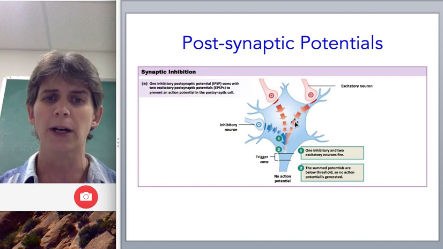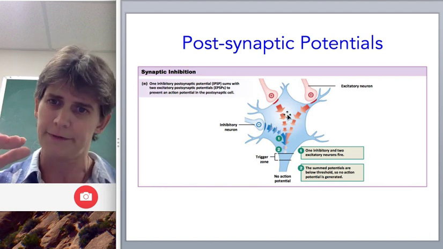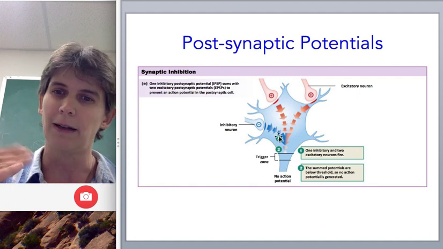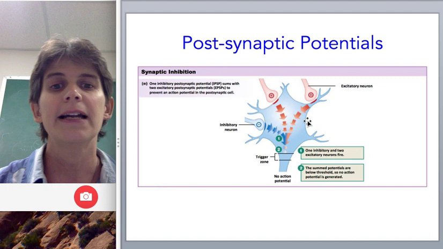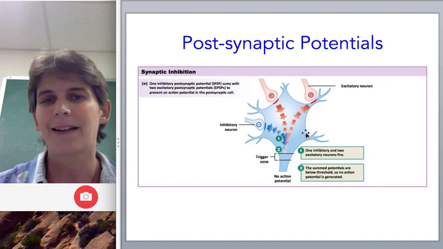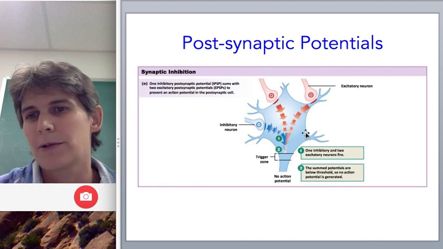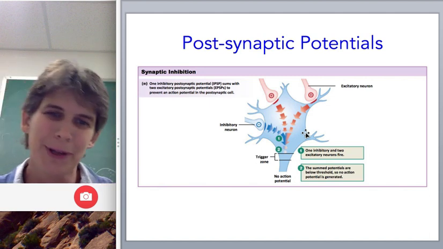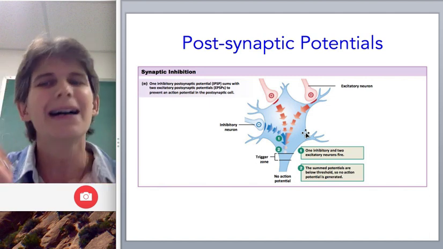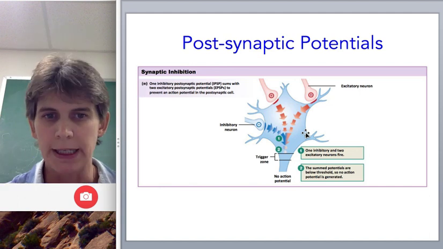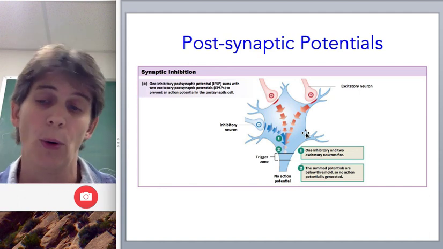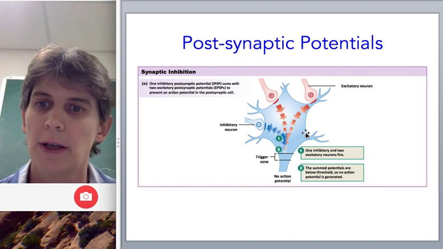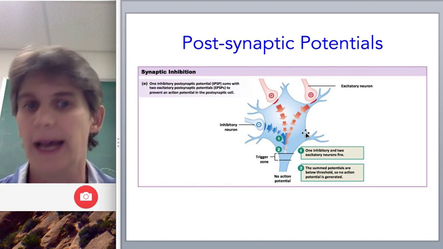So these 2 are going to tend to make the cell a little more positive, a little depolarized, and this one's going to make it a little more negative. And in this example, there's not enough total positive charge. It's like +1, +1, -1. So you end up with a net depolarization, but not enough to get the cell to threshold, about -55 millivolts, the point at which the cell would have its own action potential.